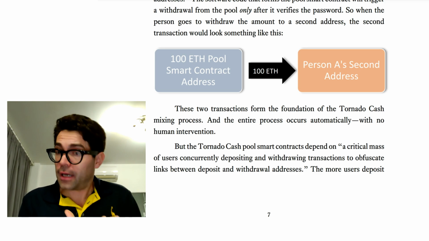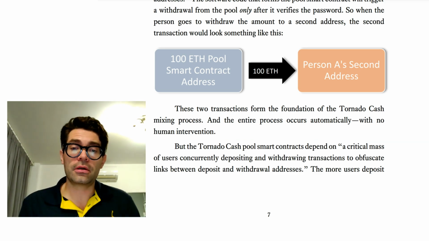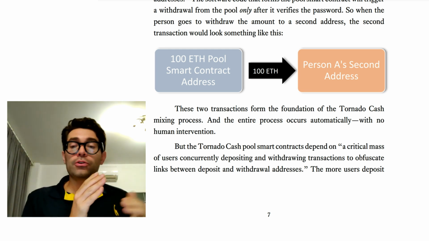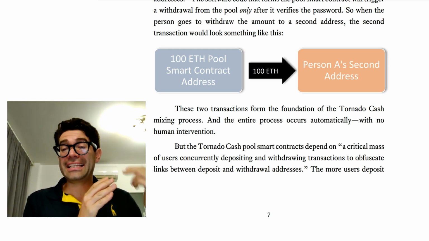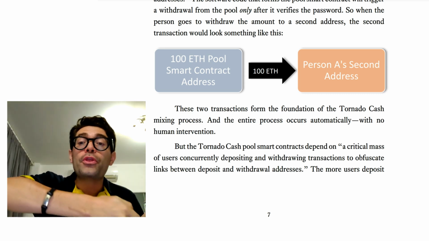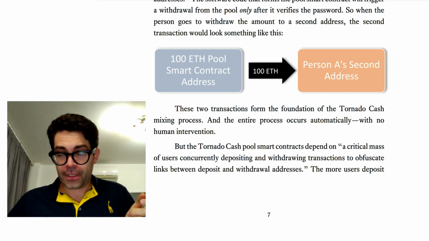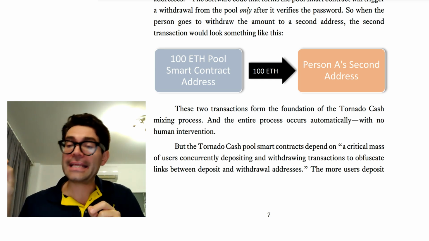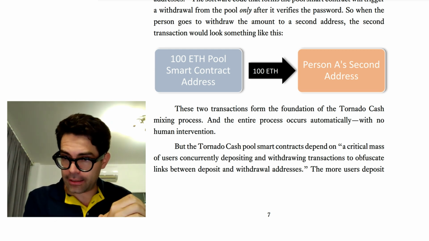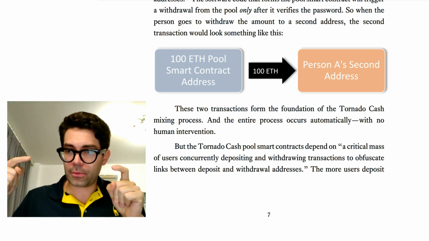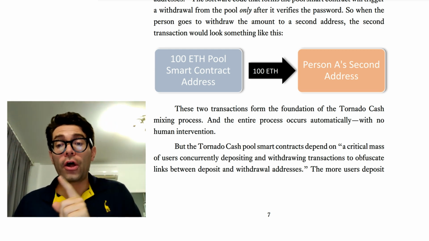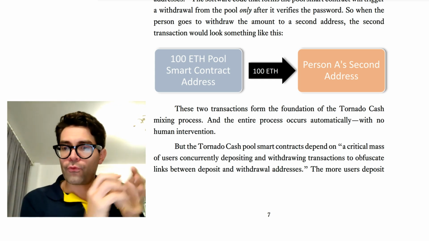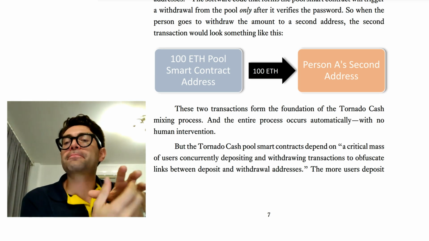The cool thing about Tornado Cash pool smart contracts is that person A sends, but also person B sends, and person C sends, and then person A can withdraw. That's why it's called a remixer: I sent 100 ETH and there is the transaction on the blockchain, but then I get another 100 ETH, and you don't know from which part of the pool because that's part of the smart contract.